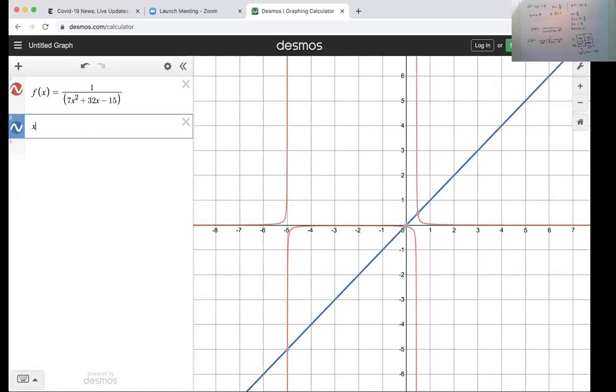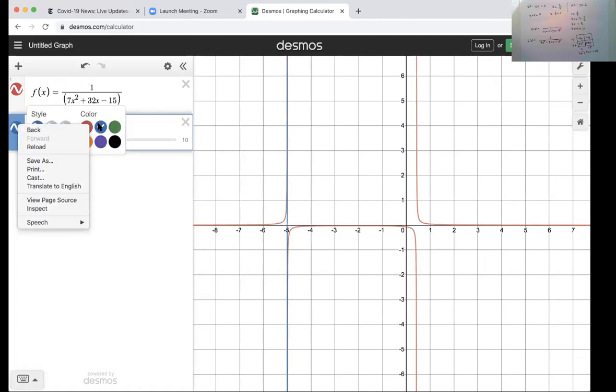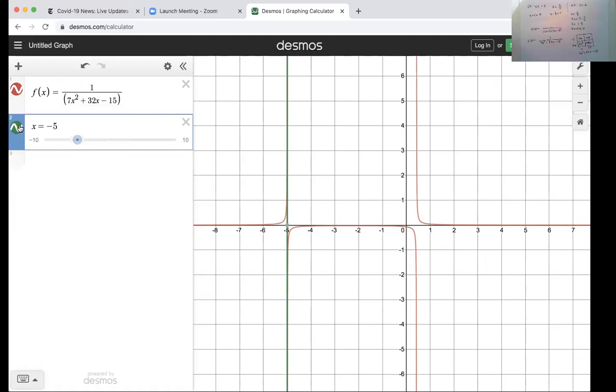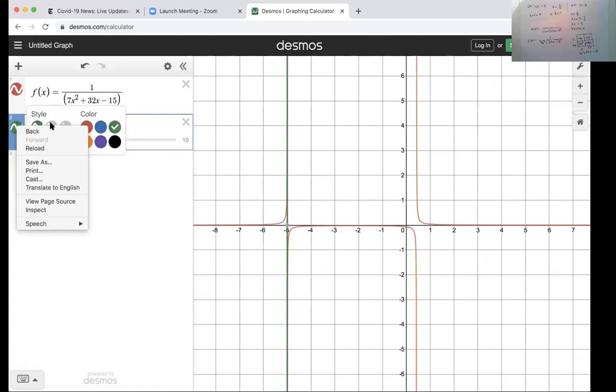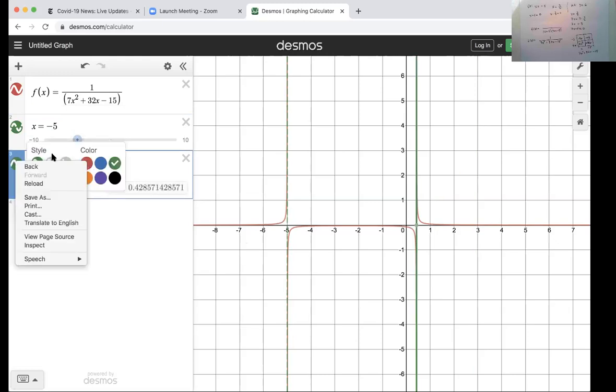So x equals -5 certainly appears to be a vertical asymptote. And then the other one is supposed to be at x equals 3/7. Let's see if that's the case. x equals 3/7. And yeah, that looks pretty good.